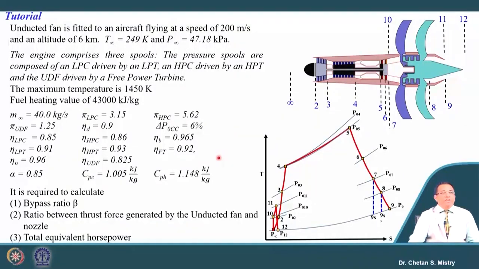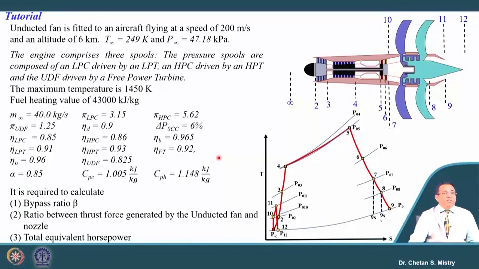The information available is: mass flow rate is 40 kg per second, LP compressor pressure ratio 3.15, HP compressor pressure ratio 5.62, pressure ratio of unducted fan 1.25, isentropic efficiency for the duct 0.9, with a pressure drop of 6%.